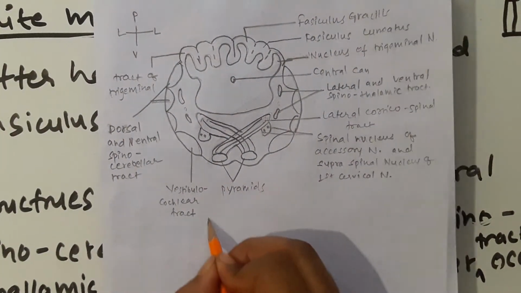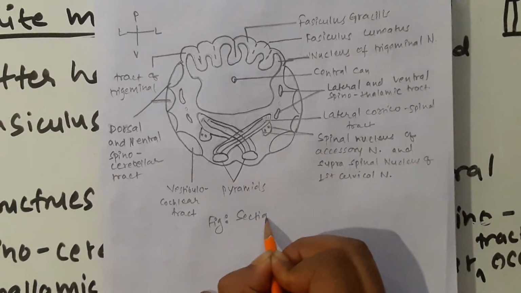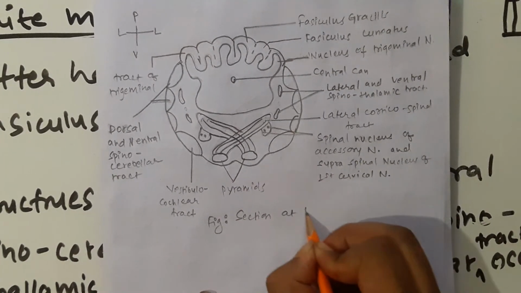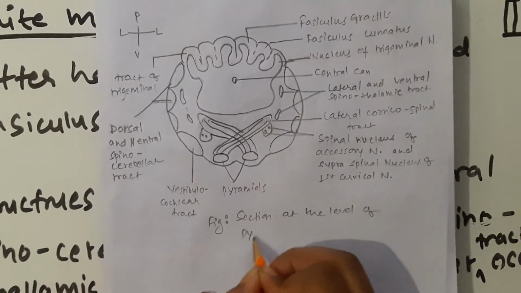So this figure is showing the section at the level of pyramidal decussation.